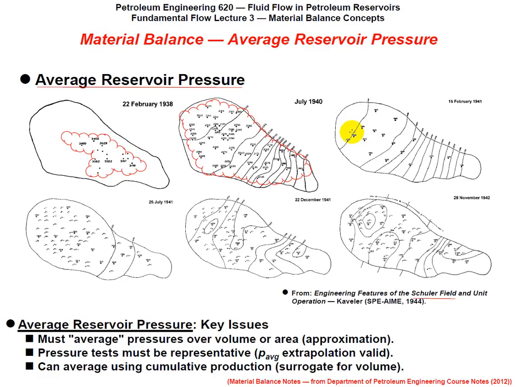I may have these things placed incorrectly, Bart. Sorry about that. But then you can see in December of 1941, you have significant depletion that is given by these isobars. And then in November of 1942, you have even more depletion shown by these isobars. They're measuring pressures. I remind myself to go back and make sure I didn't represent that wrong.